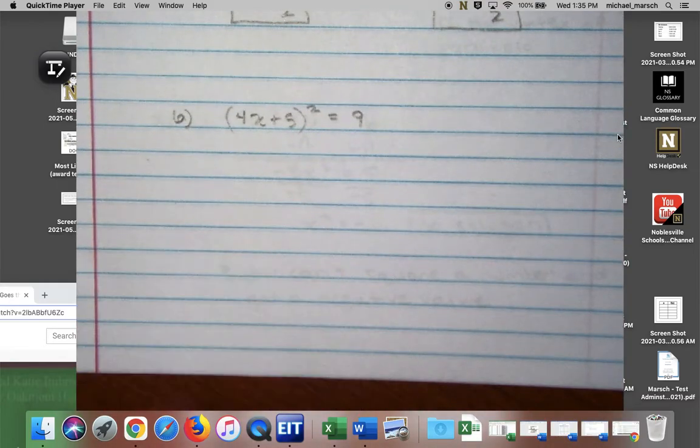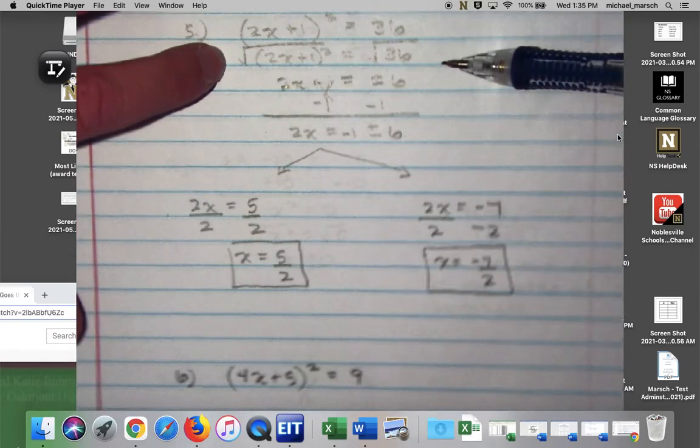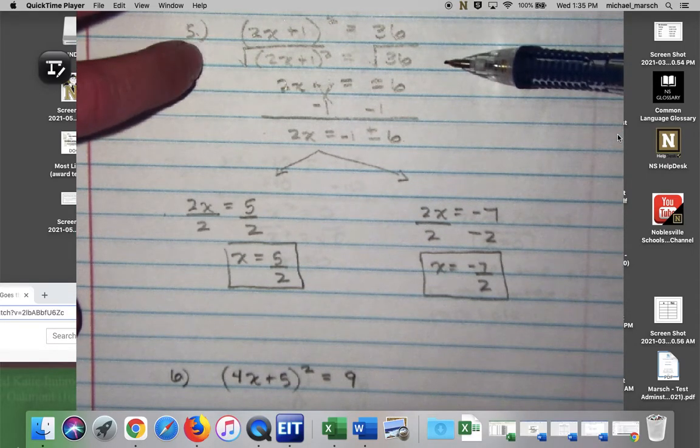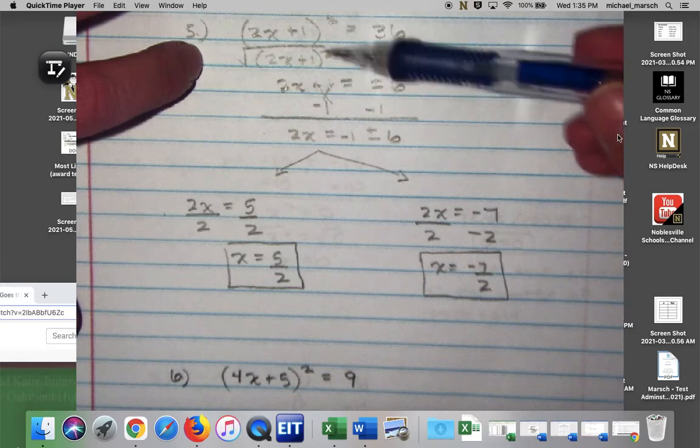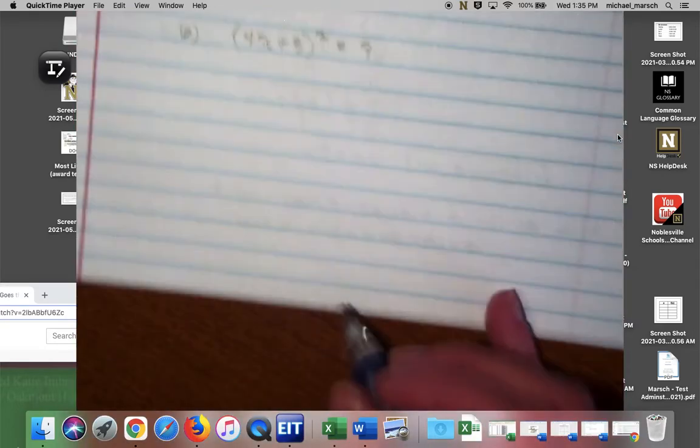The quantity 4x plus 5 squared equals 9. So Elise, what am I going to do first? Well, what did we do first up here? We're going to do the square root, exactly.